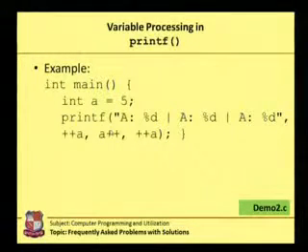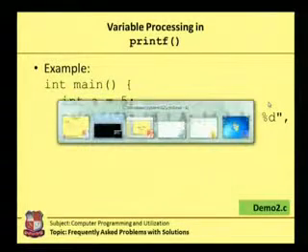So the same 6 is given to the second %d and then it is incremented to 7. The third value is plus plus a, where a is already 7, which is incremented by 1 to 8, and then this value is given to %d. So what we expect is the outcome 6, 6 and 8.